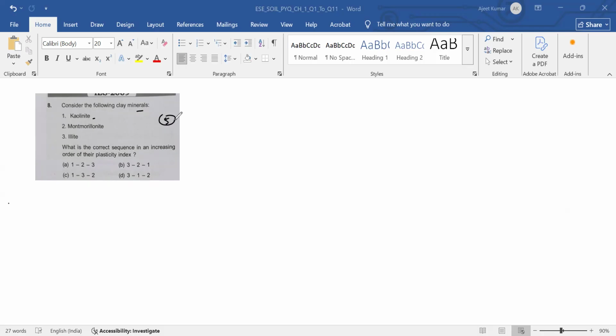According to the table discussed in question number 5, the plasticity of montmorillonite is maximum, illite is intermediate, and kaolinite is minimum. So increasing order means 1, 3, 2. C is the option, so option C will be the correct answer.